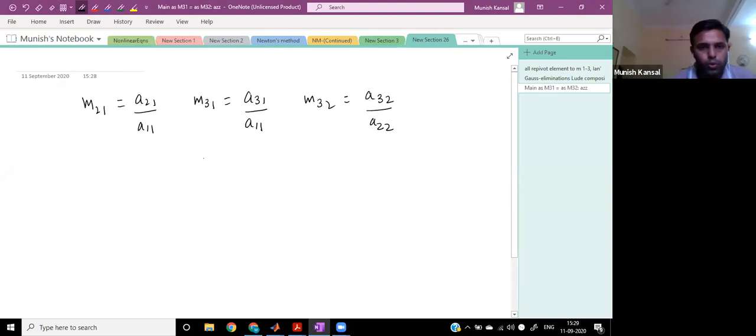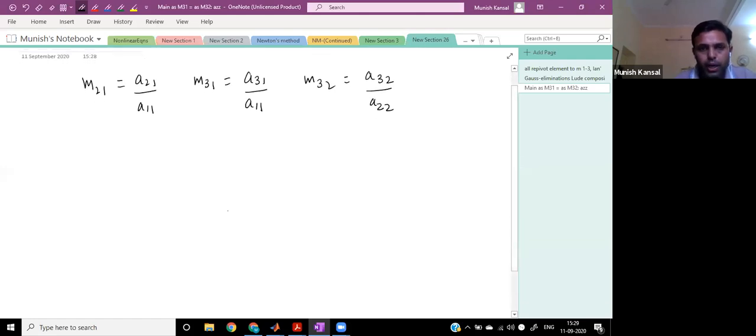Now I'm going to make a code for LU decomposition, how to break the matrix into a product of L and U, right? So first, let me write down a few commands for you here so that we can directly type into the MATLAB editor file, right?